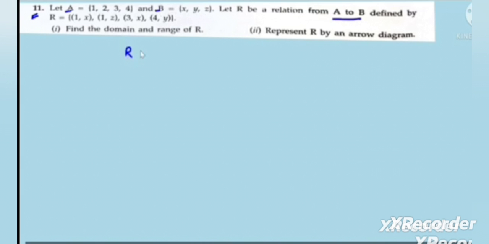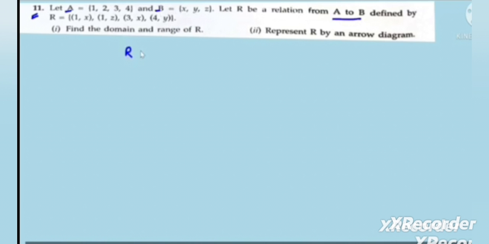In this sum, it is given that A is the set 1, 2, 3, 4 and B is the set X, Y, Z, and a relation R is given in the roster form 1 comma X, 1 comma Z, 3 comma X and 4 comma Y. I have to find the domain and the range of R. Domain was already described before. The domain means all the first elements of the given set.